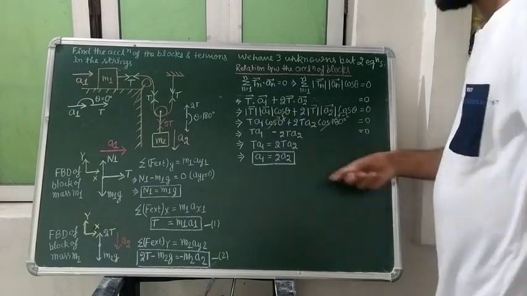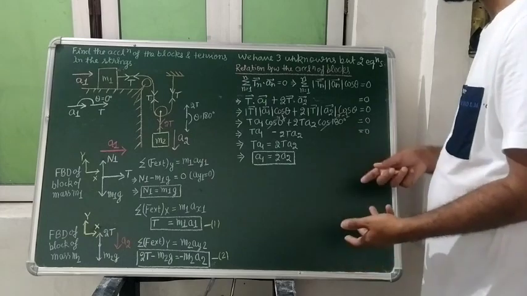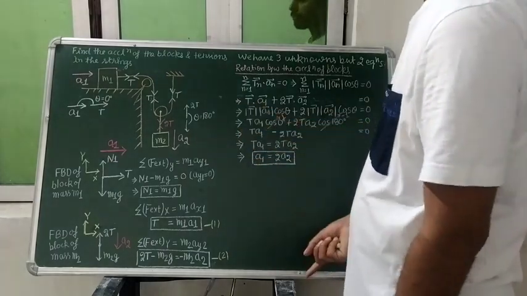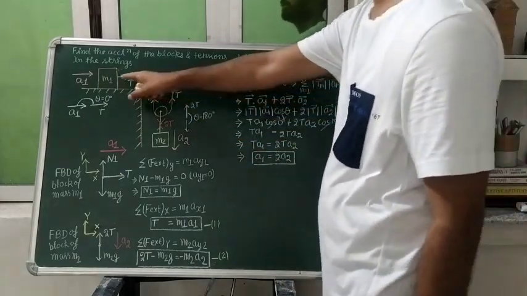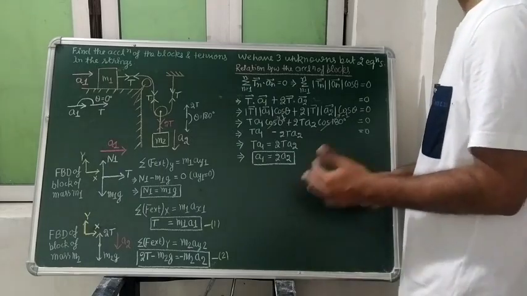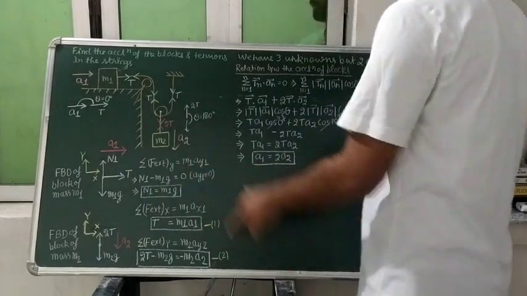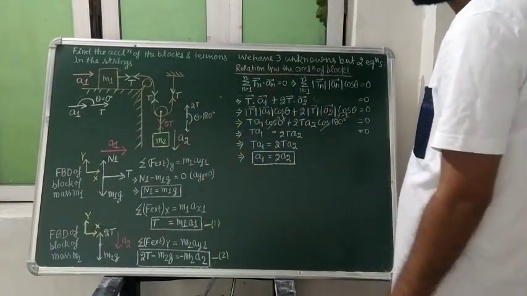So we are getting A1 is equal to twice of A2. Meaning with whatever acceleration block 2 accelerates, twice of that acceleration will be the acceleration of this block. Or in other words, whatever the acceleration of this block, half of that will be the acceleration of this block, and they will be in the same direction.